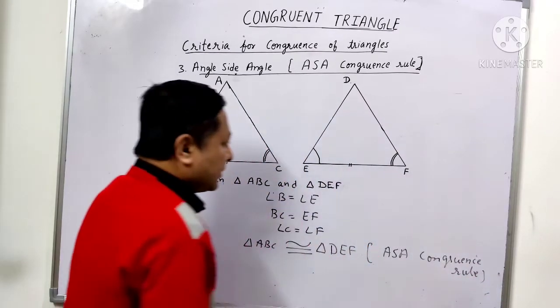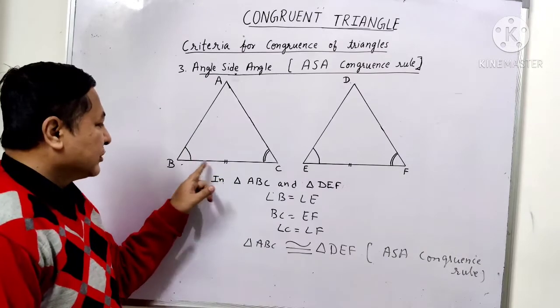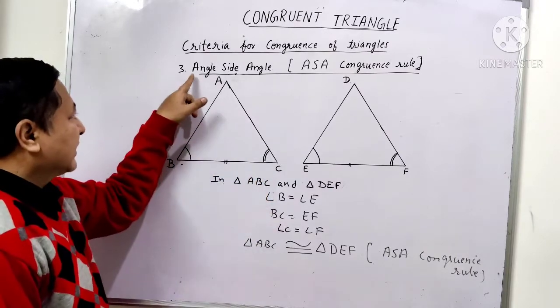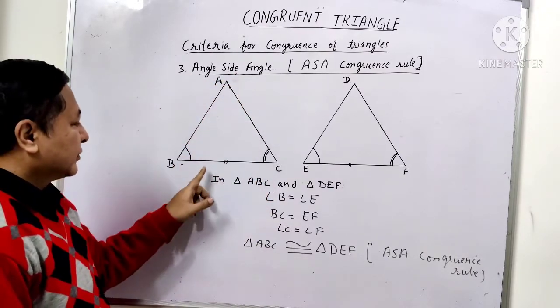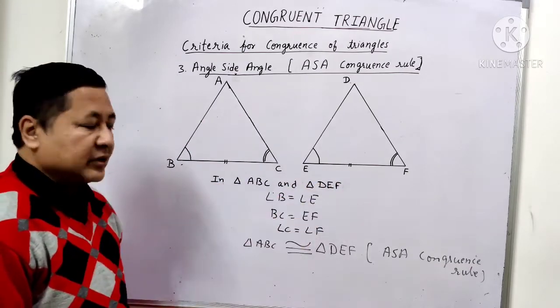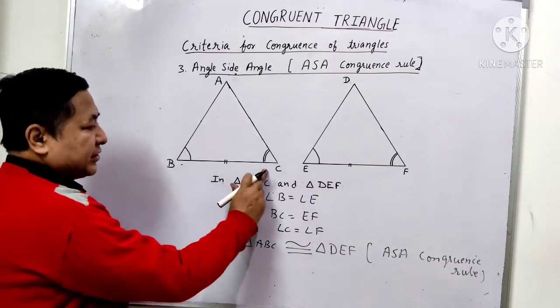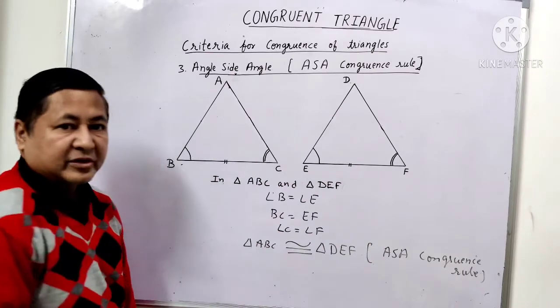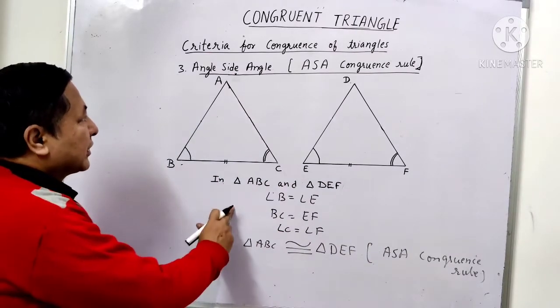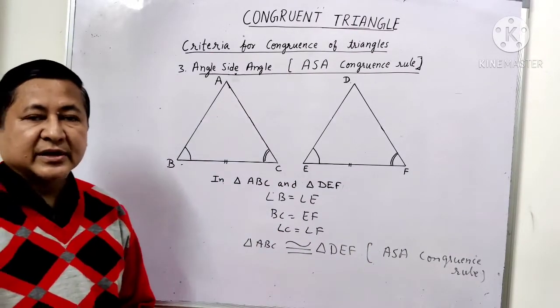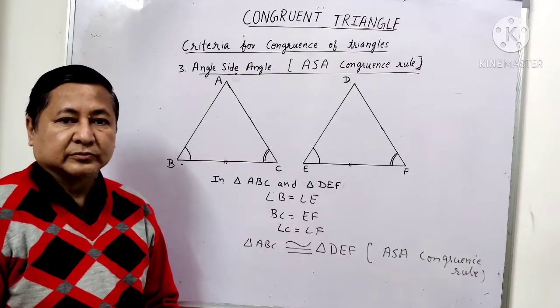Now in this, you see that this side is between these two angles, that is why we write angle side angle. The side BC and EF is between the angles B and C, and E and F respectively. So this criteria is known as the angle side angle congruence rule.